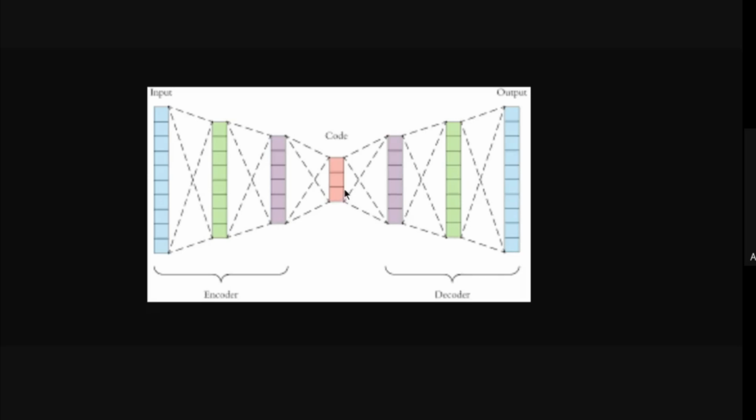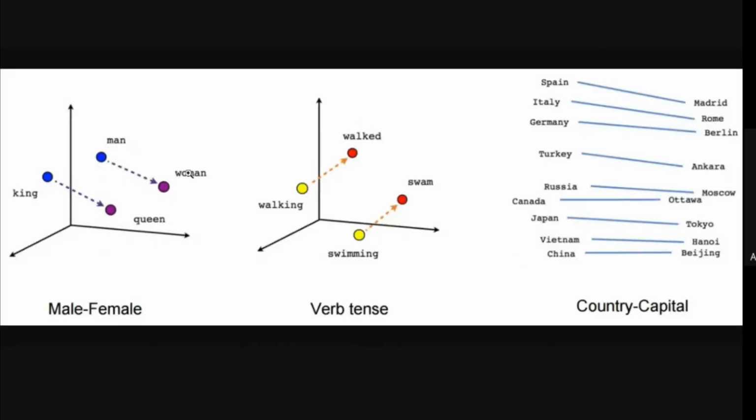But why these representations are important is that, coming back to the original slide, right? If I take the feature embedding for king and add woman to it and subtract man, it would actually give me a representation which is very similar to queen.